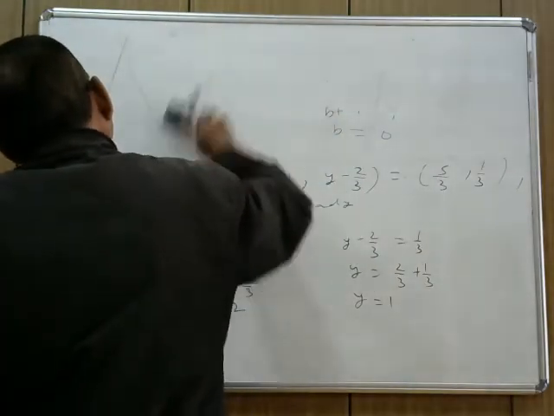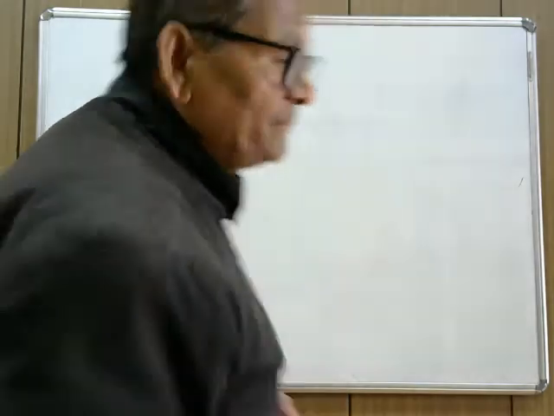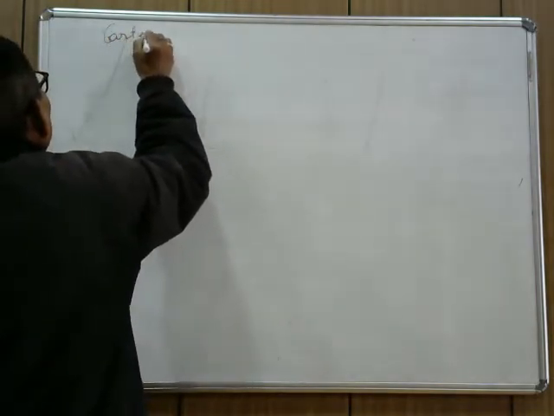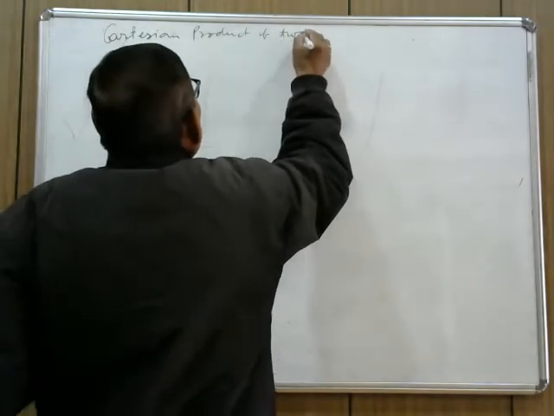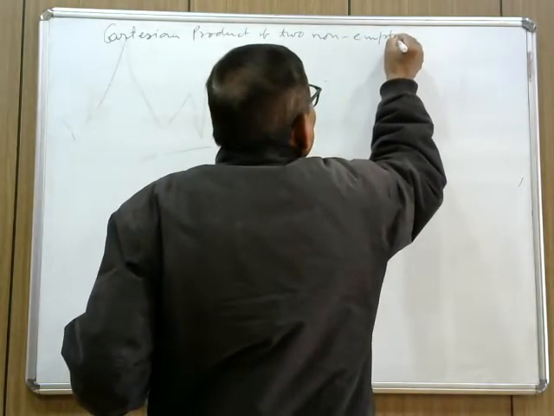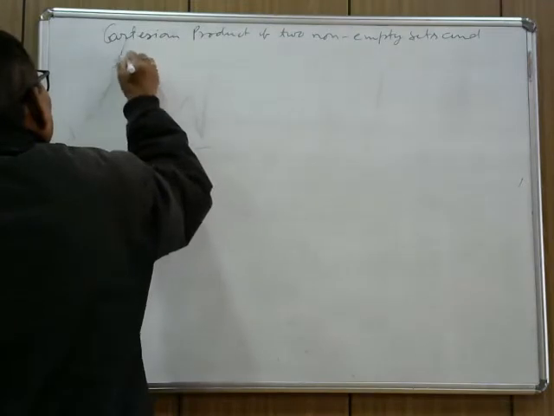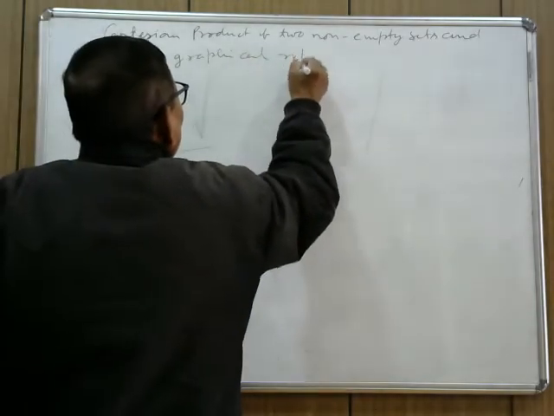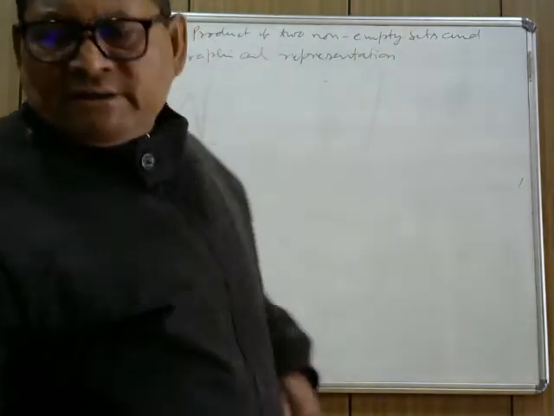Cartesian product of two non-empty sets and their graphical representation. Now in this we take an example.